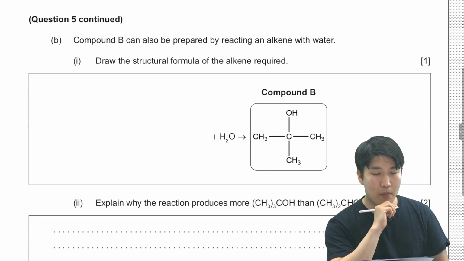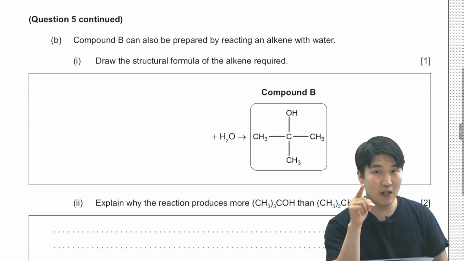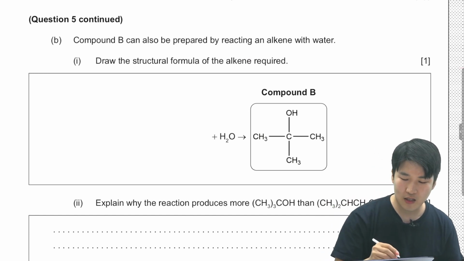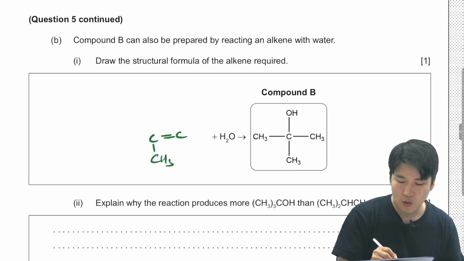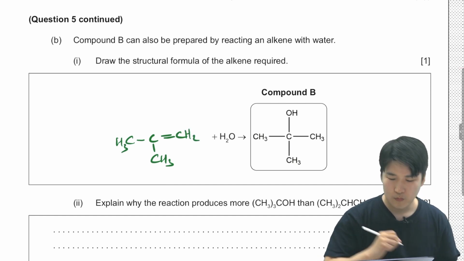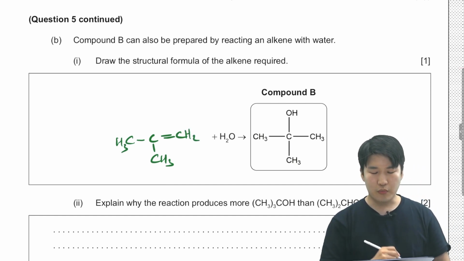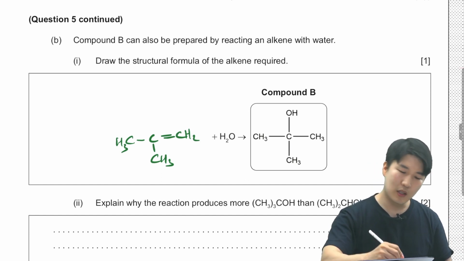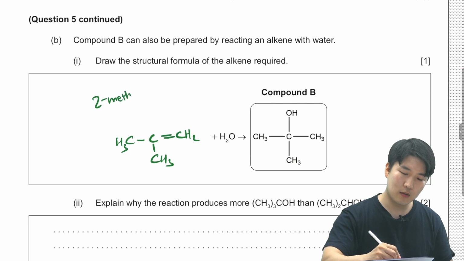Our alcohol compound B can be prepared via electrophilic addition of water to an alkene, and that alkene would be a propene, but with a methyl, so 2-methylpropene.